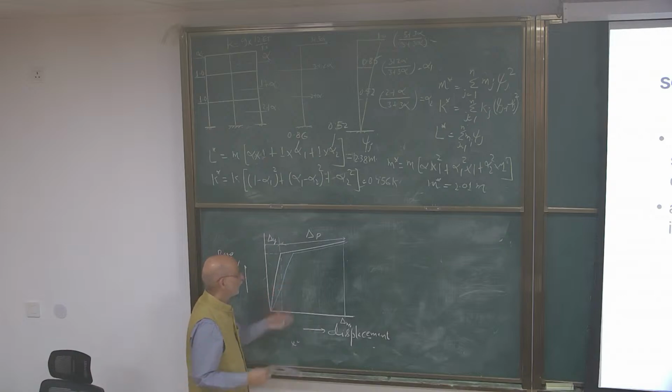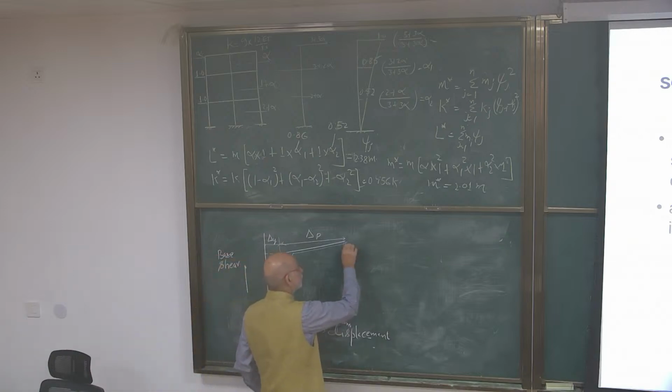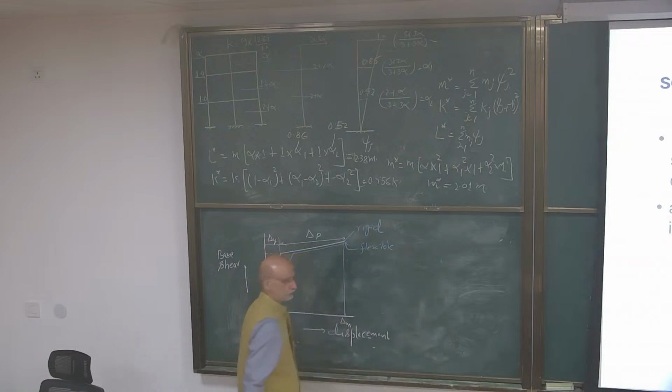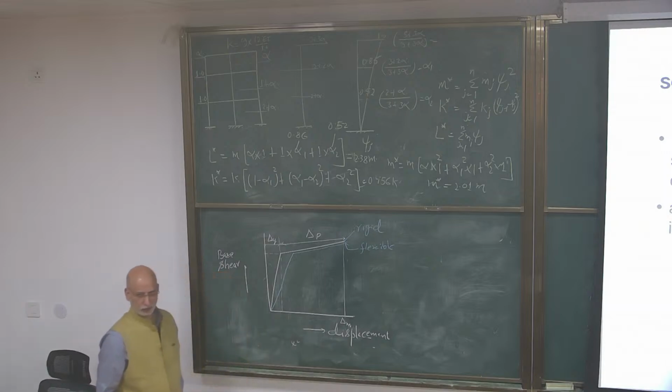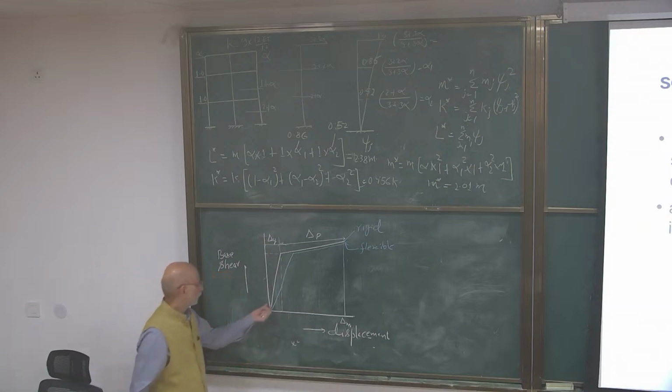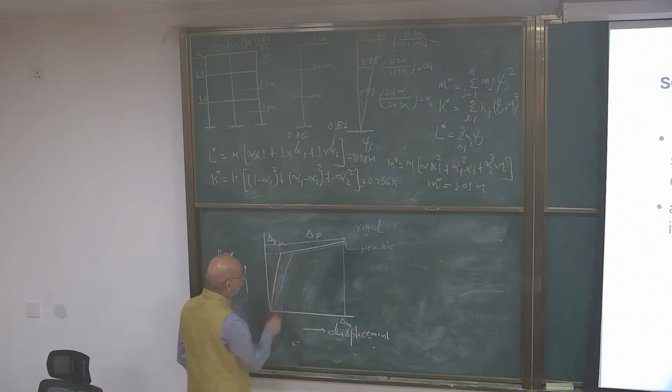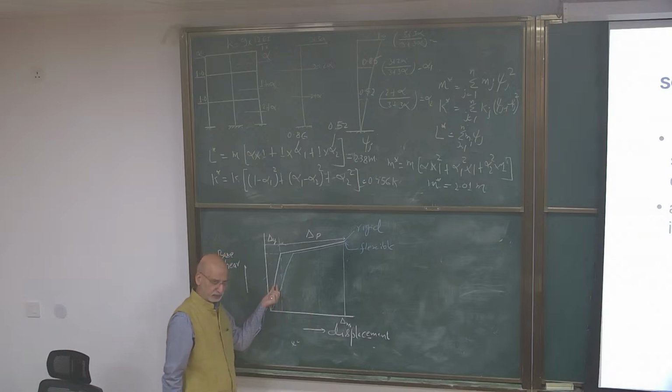So this blue line is for when the foundation is flexible. Flexible means you have soil, whereas this you have as rock. So the slope will define what we use. The same structure, in one case you have a flexible foundation, in another case you have a rigid foundation.